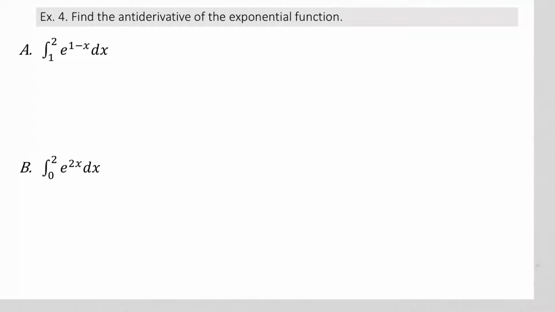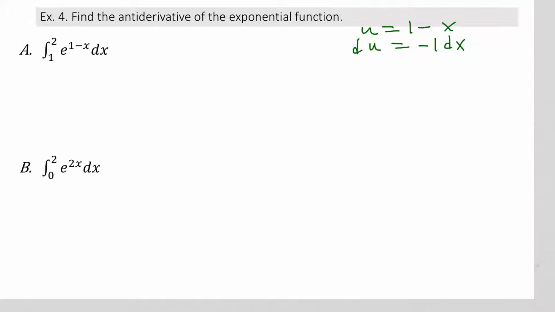So now we'll move into some definite integrals. First, we're going to do the u substitution method again, and then we'll deal with the limits of integration. So we've got u equal to 1 minus x, du equal to -1 dx.